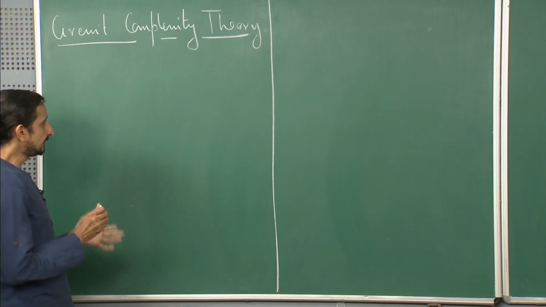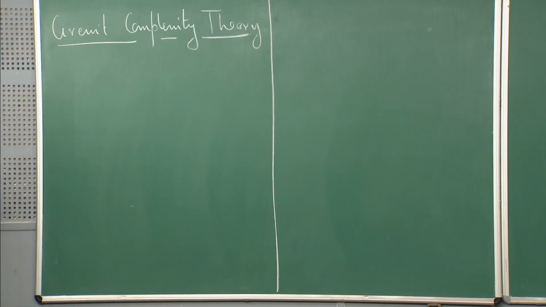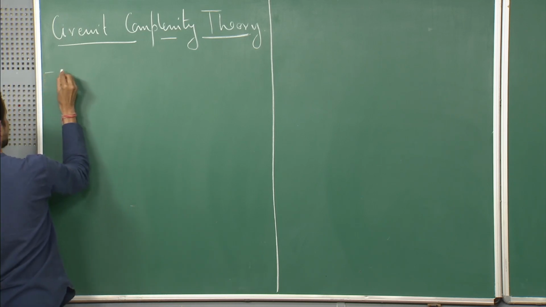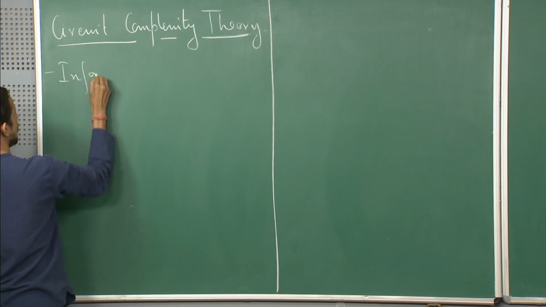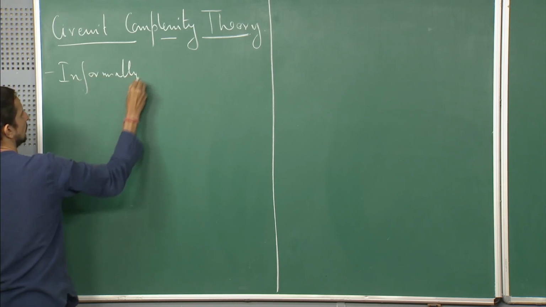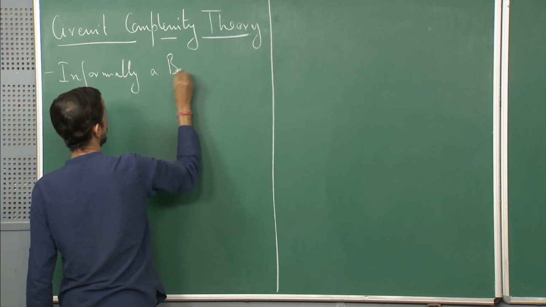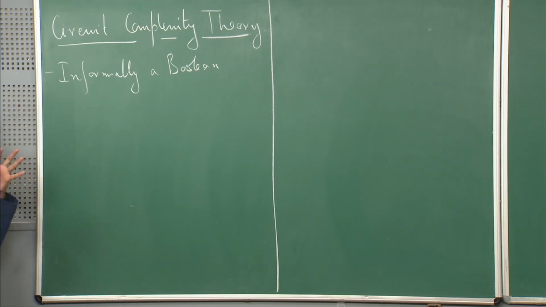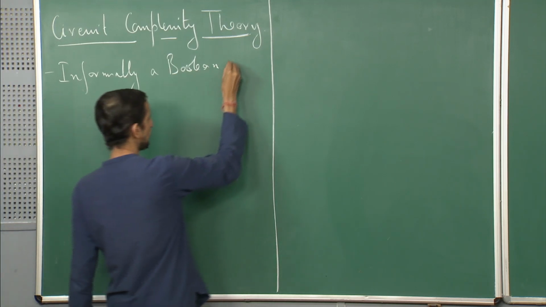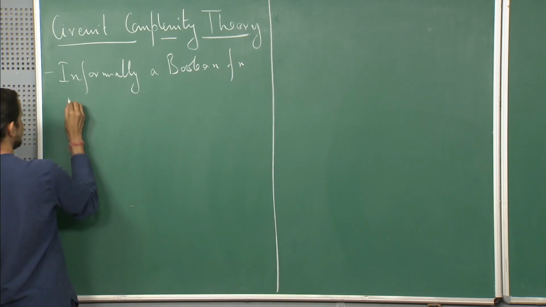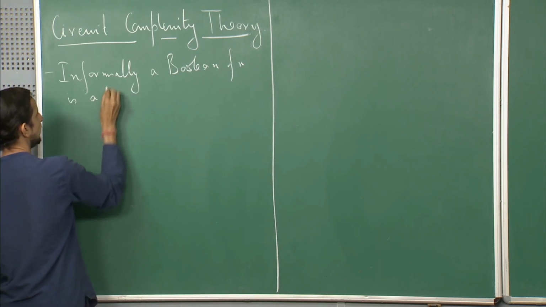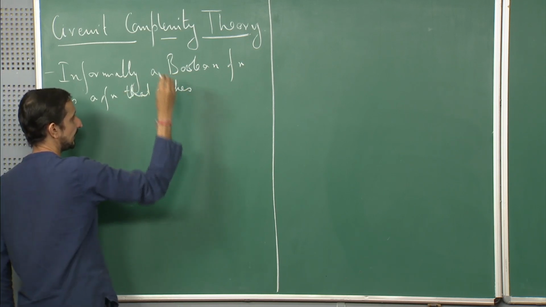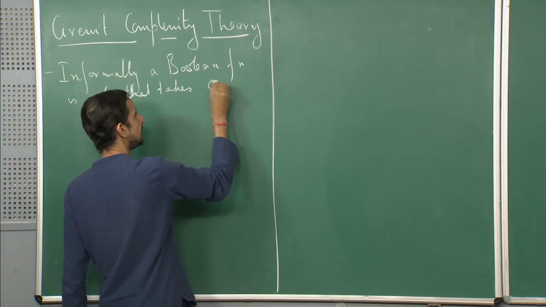To lay the groundwork for our discussion, let us try to understand a few things. Informally, what is a Boolean function? A Boolean function is a function that takes Boolean values as input.